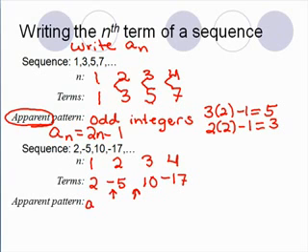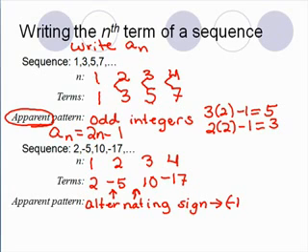So we are looking at an alternating sign, which tells you we're going to have -1 raised to some kind of power. But I'm not sure what power that is just yet.